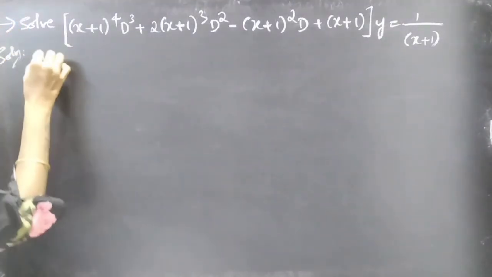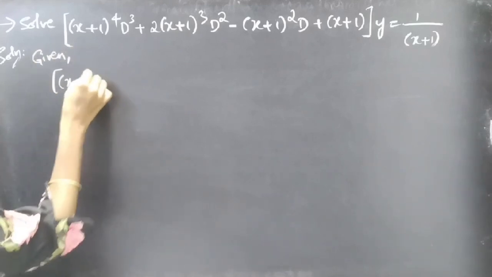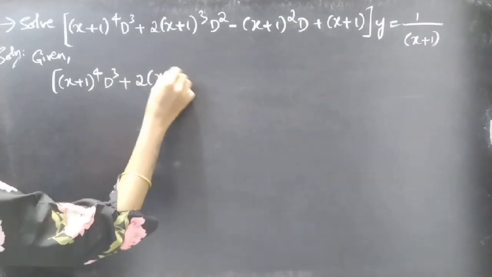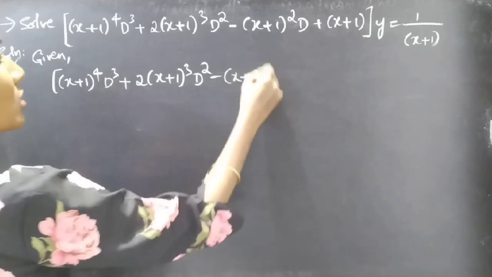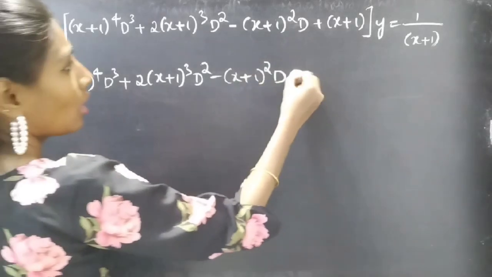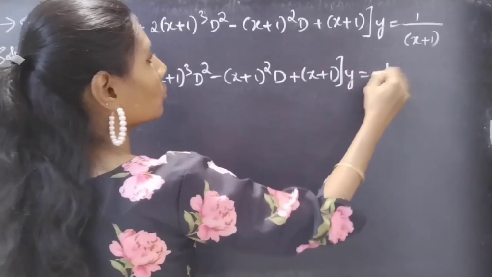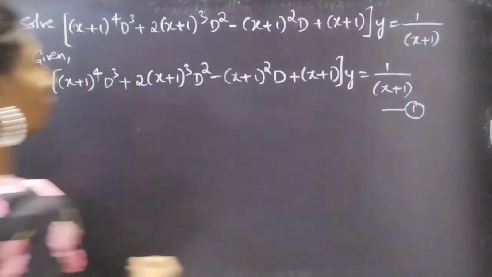Solution. We are given the differential equation (x+1)^4 D^3 + 2(x+1)^3 D^2 - (x+1)^2 D + (x+1) y = 1/(x+1). Consider it as equation number 1.